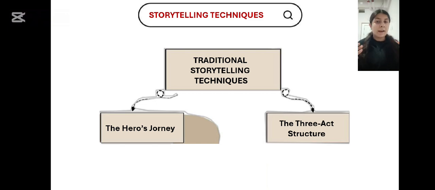Act 1 sets up the story. Here we learn about the character and his world, and there is the hook that must take the audience's attention quickly. In Act 2, conflicts happen, and this is the longest act in the three-act structure. And finally, Act 3, the act of resolution and the shortest act.